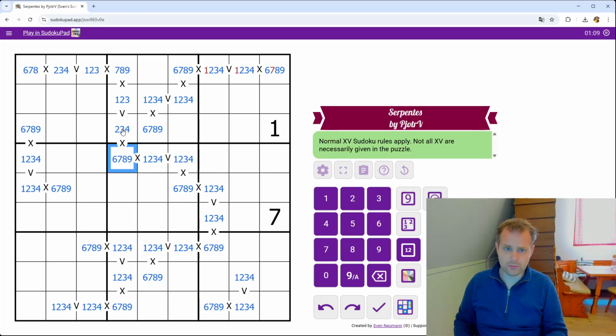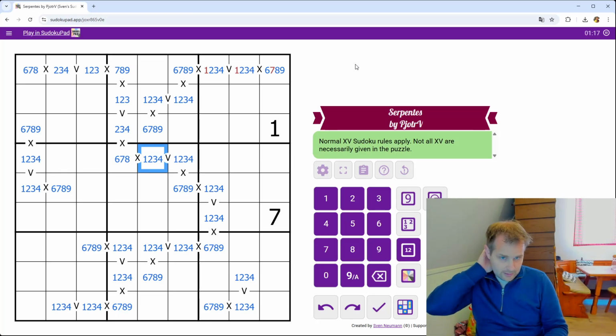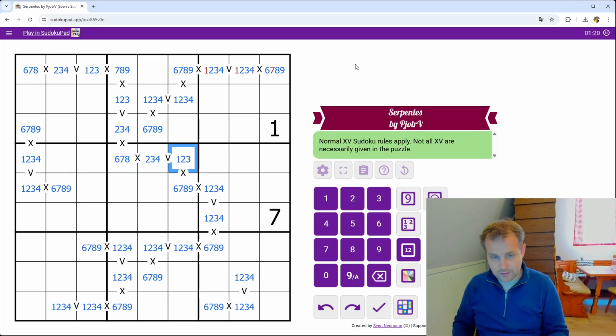And we can continue that. So this doesn't have a 9. This doesn't have a 1, this doesn't have a 4, this doesn't have a 6, and this doesn't have a 4, this doesn't have a 1, this doesn't have a 9, etc.